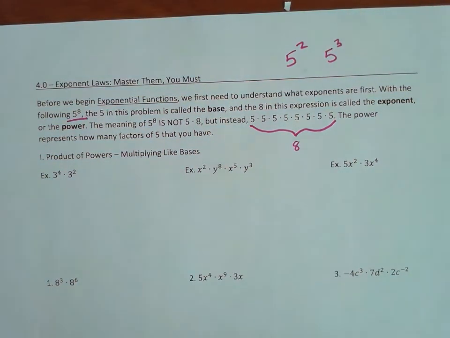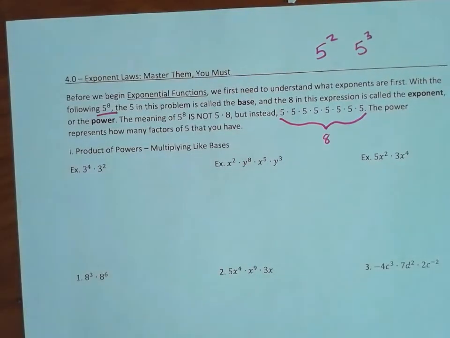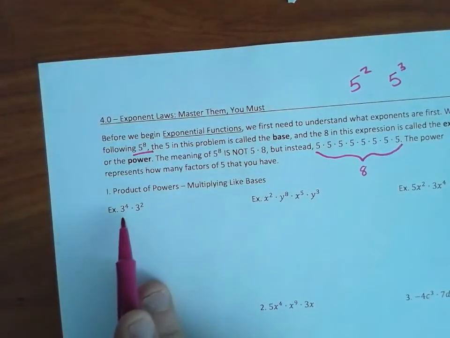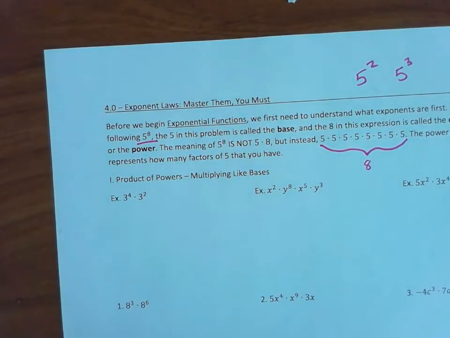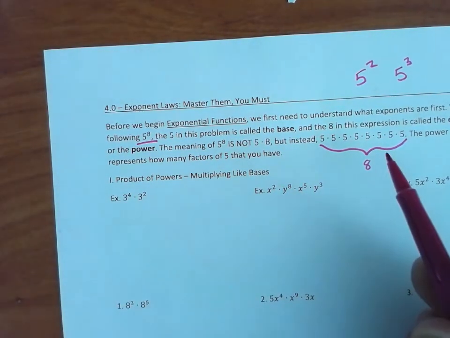So just to review, let's go into our first law, product of powers. Now again, when we're multiplying these, if I'm looking at this, I have 3 to the 4th times 3 squared. I'm not going to do the law right away. Instead, what I'm going to do is expand what these really mean, just like we had up here.